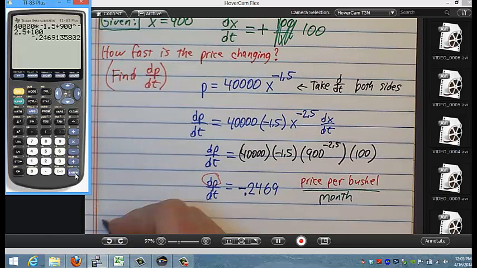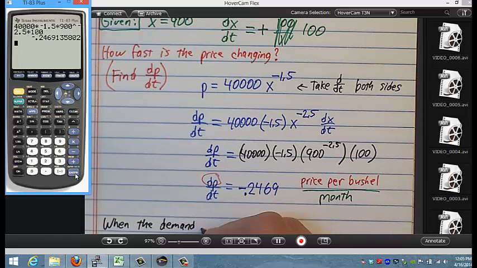Well, I would say when the demand is 900 bushels per month, and when the wholesale price per bushel, no, we didn't have that, did we?